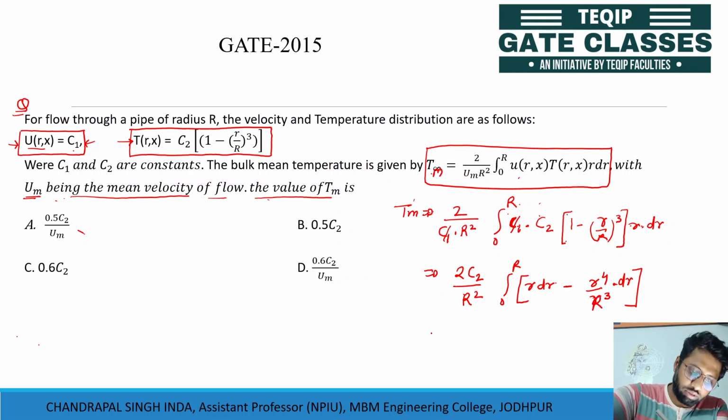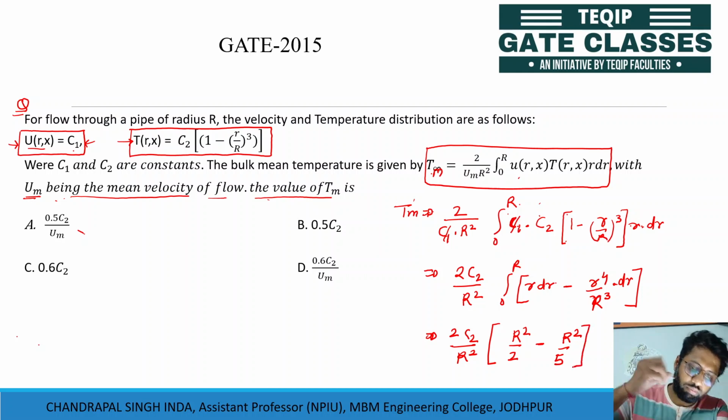Now we have the integration that will be equal to C2 by R square, and this will be R square by 2 minus R square by 5.